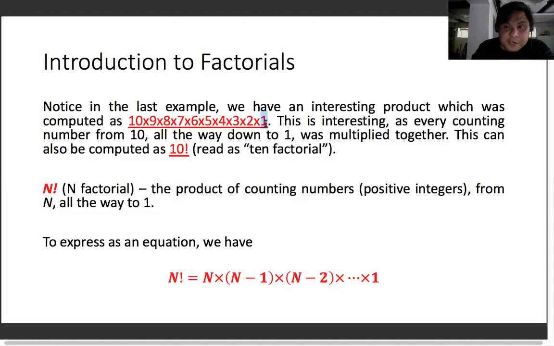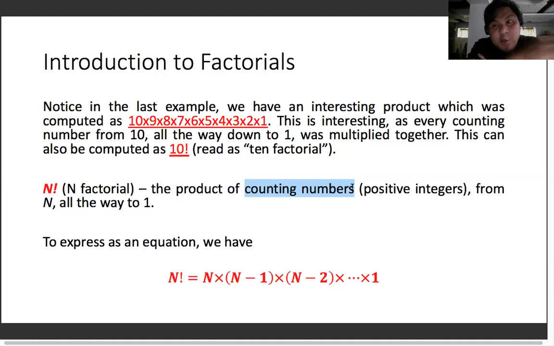So the next number gets smaller by 1, and this continues all the way until you reach 1. Now take note, factorials only work for counting numbers. These are positive integers. I think it also includes 0, so it should be whole numbers.